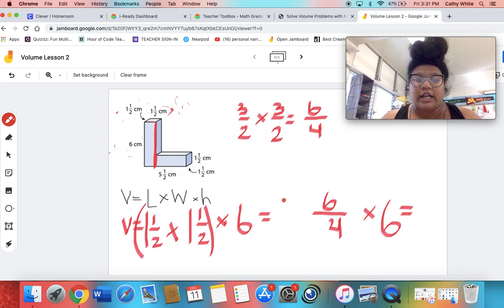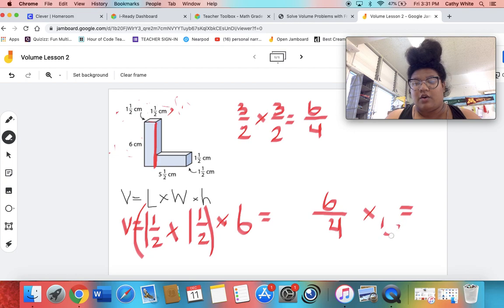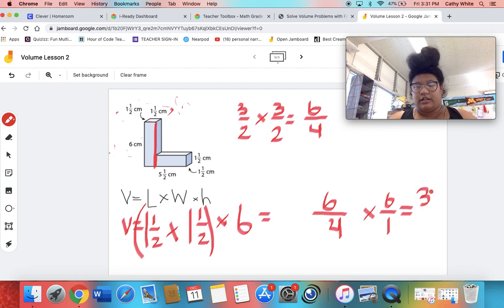And now any whole number or any big number, you can turn that into a fraction by simply adding a 1 in the denominator, making the whole number the numerator and the denominator a 1. So this will be 1 and this will be 6. So then we have 36, because 6 times 6, we're just going to multiply across, over 4.